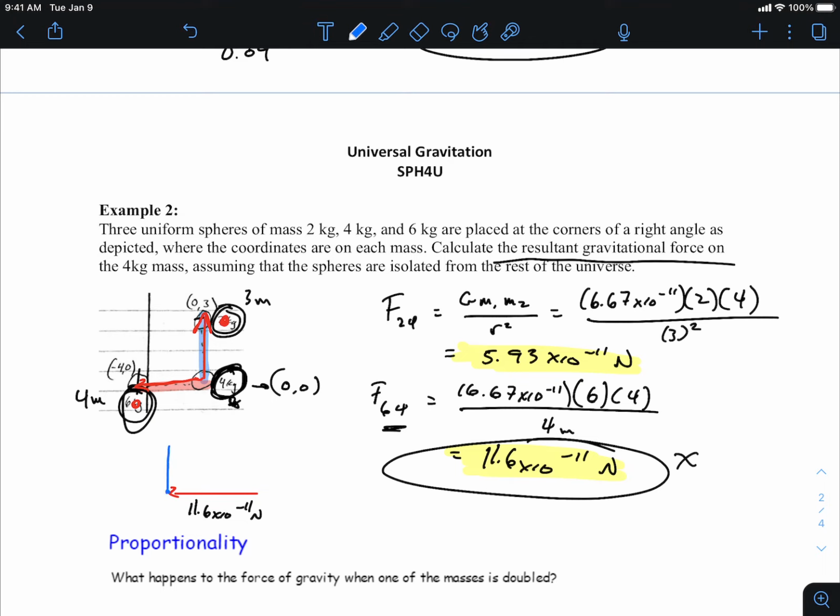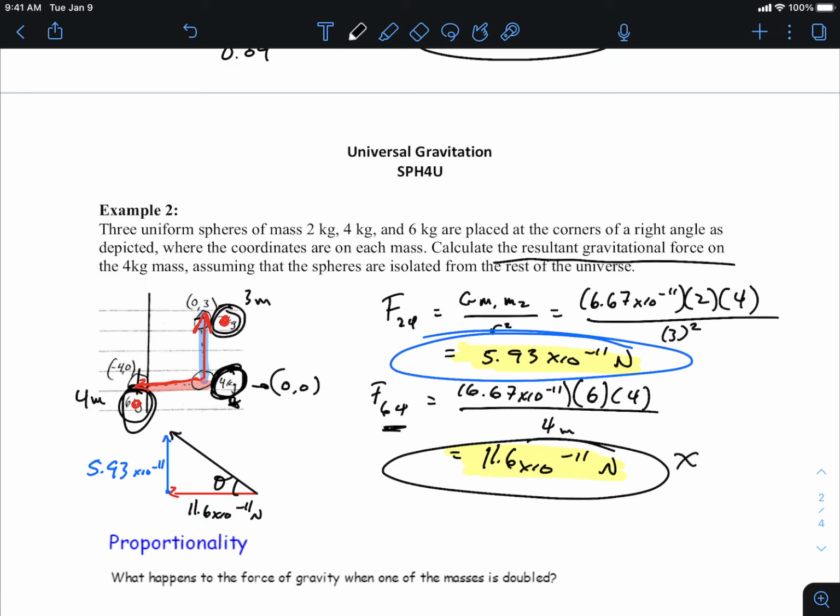It's going to go up like this, and its component is the 5.93. And the resultant force that this 4 kilogram mass is experiencing is going to be in this direction, at that angle.